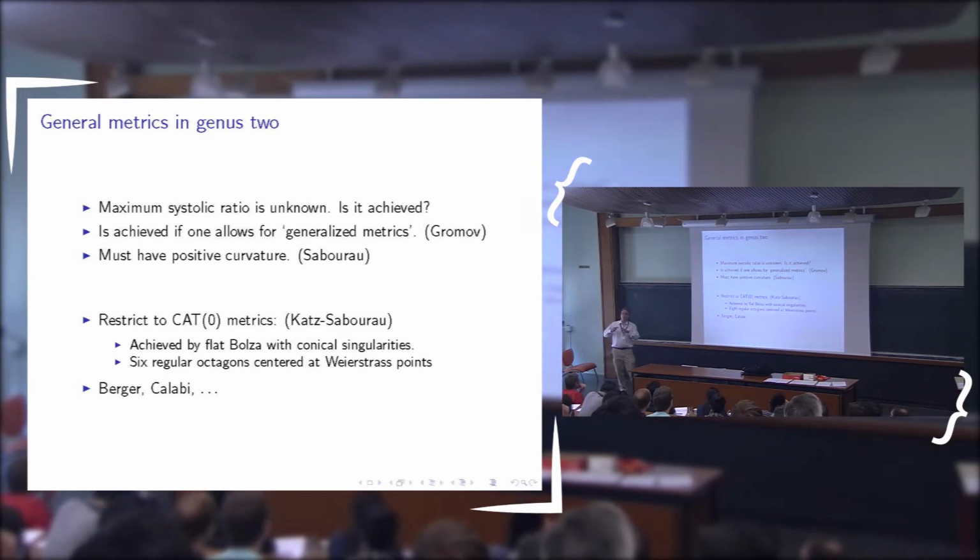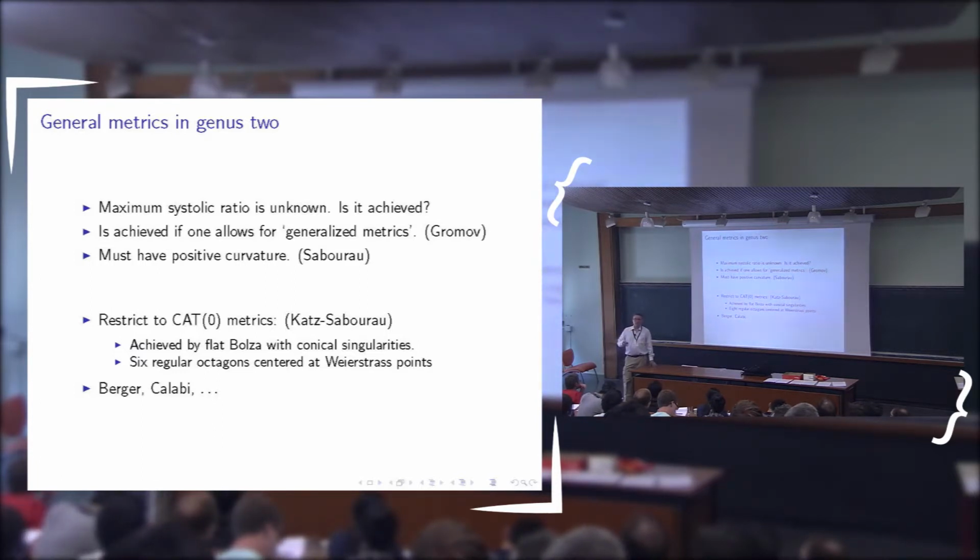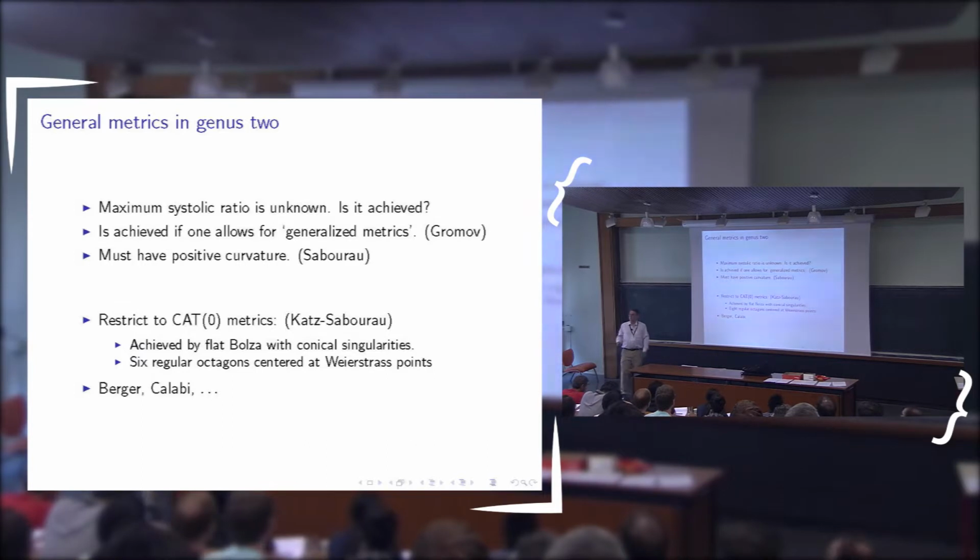So it can't be just flat metrics with conical singularities. Nonetheless, it's believed you still should have some conical singularities, not necessarily multiples of 2 pi, but they do come up. And so that should be gratifying to those of you who like conical singularities, that they sort of naturally come up in extremal problems.